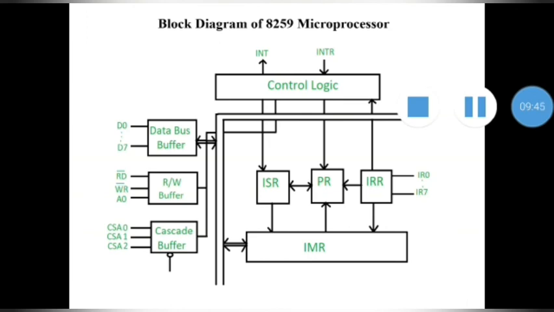This is the meaning of cascading, and the cascaded buffer block is used to store the IDs of all the 8259. So this is all about the block diagram of the 8259 processor.